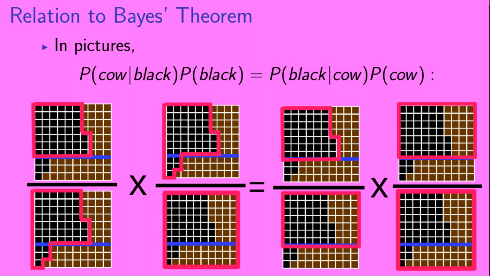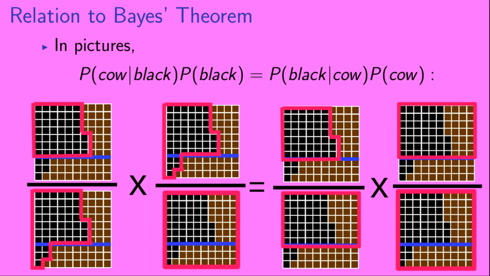So in pictures, our equation looks as follows. On the left-hand side, we have P of cow given black, P of black. Now P of cow given black equals the number of black cows divided by the number of black animals. And P of black equals the number of black animals divided by the total number of animals.